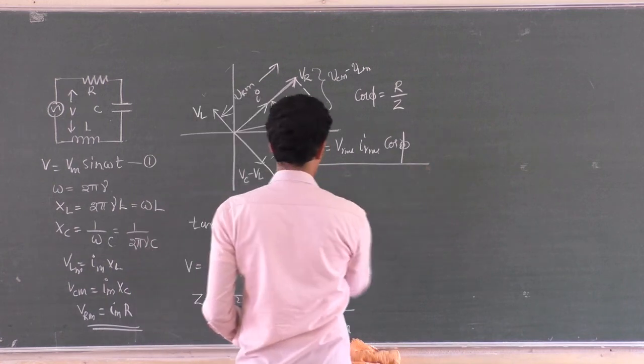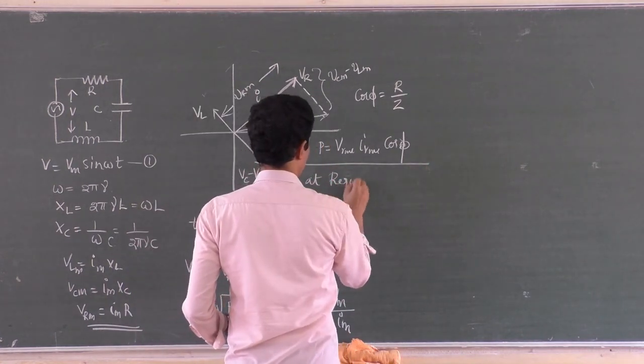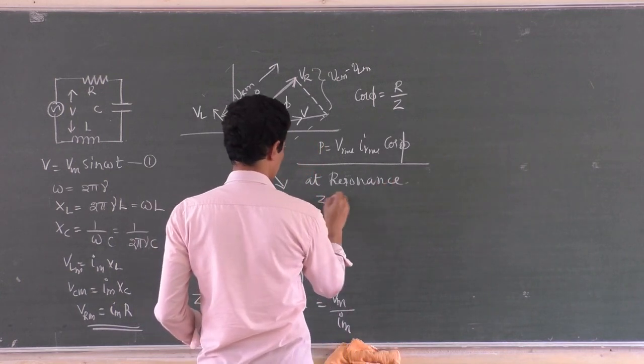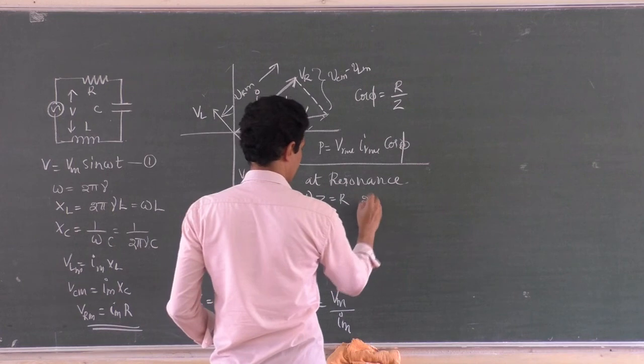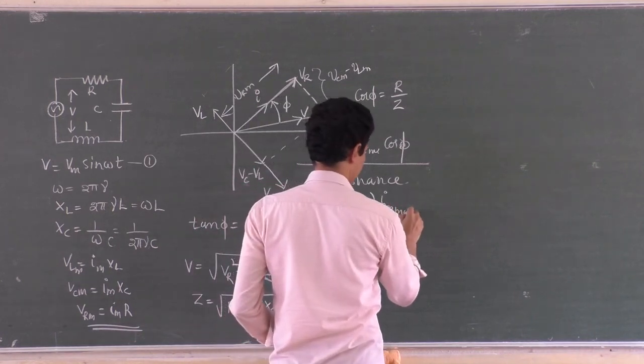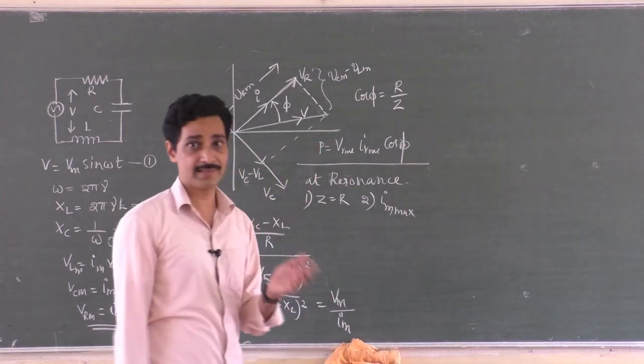At resonance, the circuit is purely resistive. Z is equal to R, right? Second one, I is maximum. So current is maximum. Im is maximum. The peak value of current will be highest at that moment.